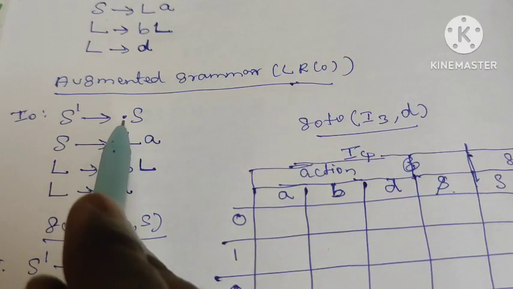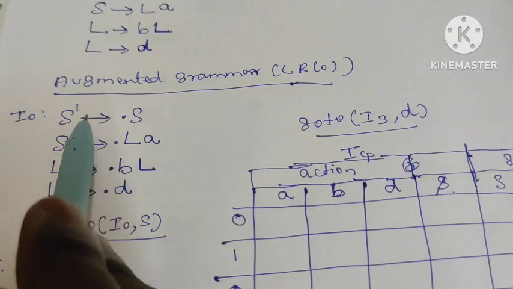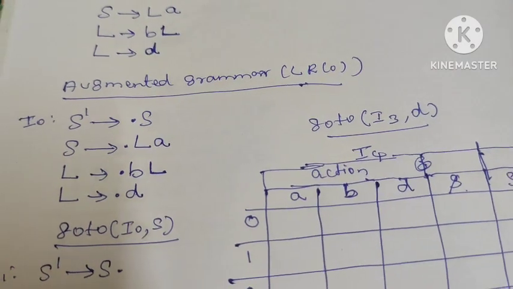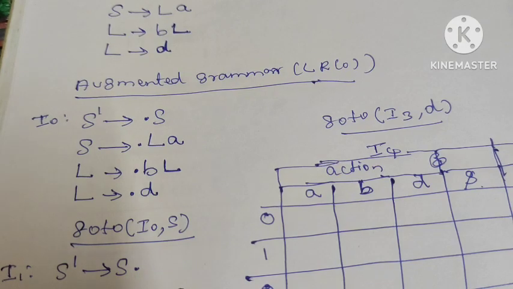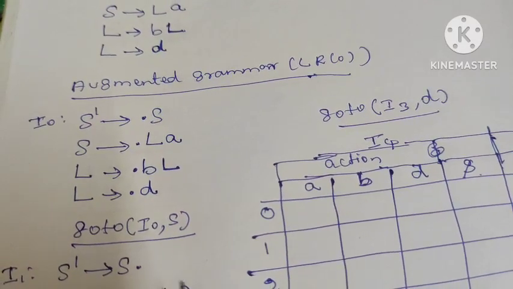Just place this dot one step on the right. Then it will become S dash tends to S dot. This is a new item set, so I name it item set 1.